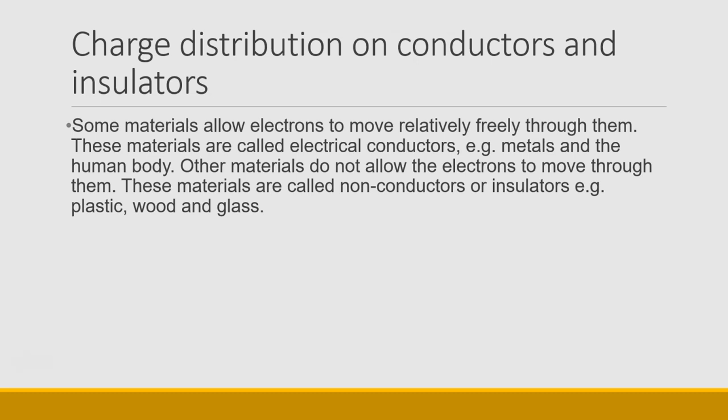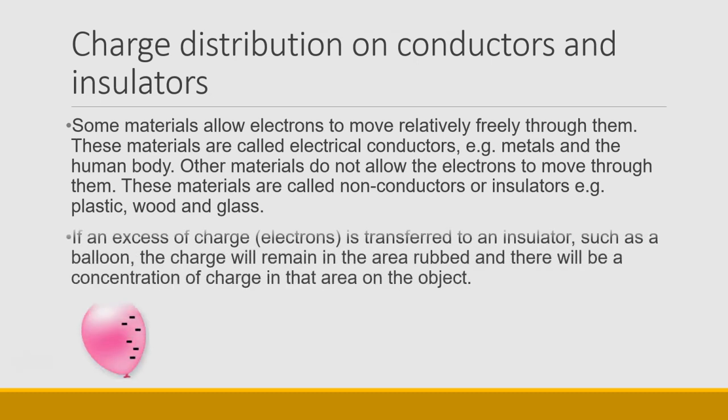However, when it comes to materials that are non-conductors or insulators, the electrons don't have that freedom of movement, so they can't move through the material. So things like plastic, wood, and glass are insulators. And any excess electrons that end up on one of these materials would not be able to distribute themselves evenly throughout the material. They would be stuck in that position where they were rubbed.